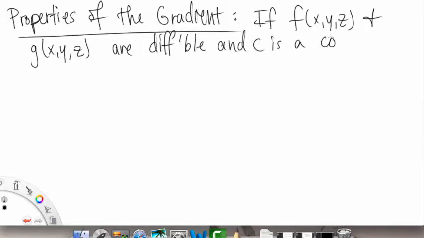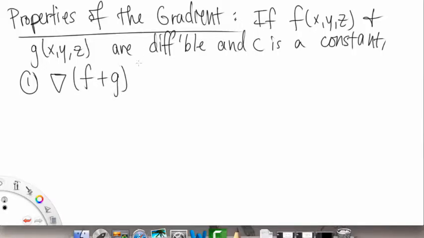So these are the conditions. Then we can conclude four things. One is that the gradient of f plus g, those functions together, is equal to the gradient of f plus the gradient of g. Okay, so that's one of the properties.